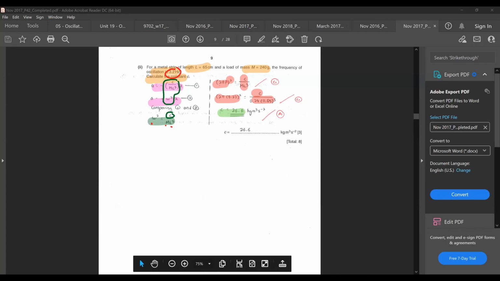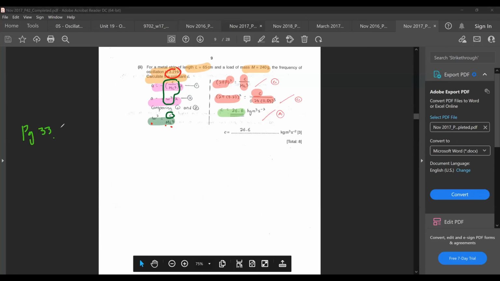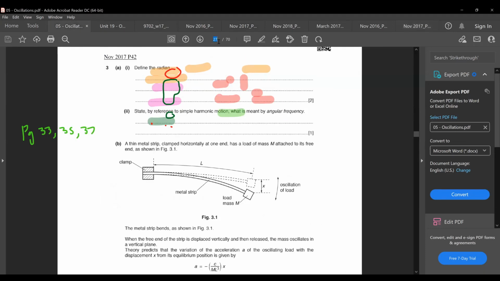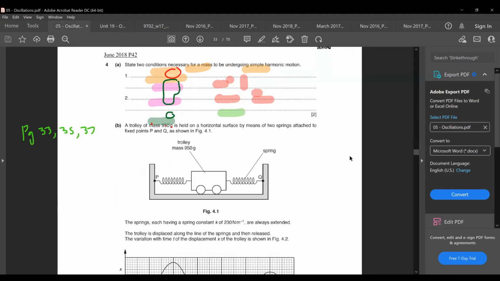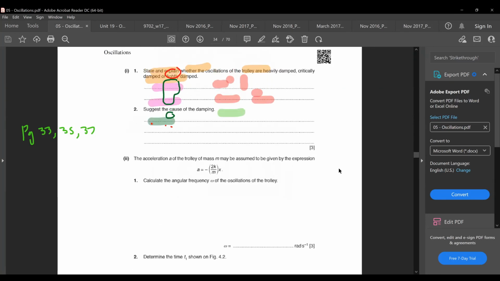And let me see the other questions again. You have 33, 35, and 37. These are the remaining questions. Let me see from the others. Are they similar to what you've just done?